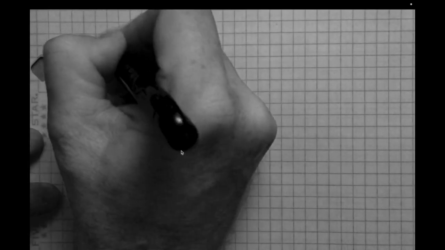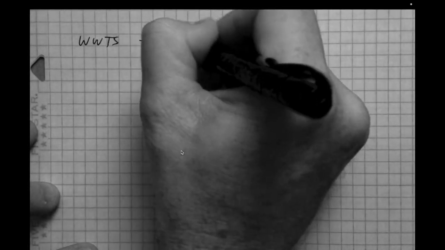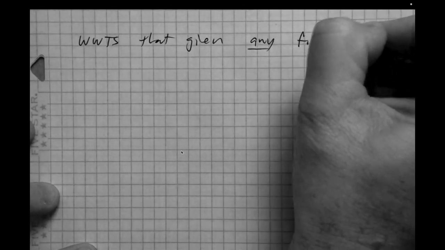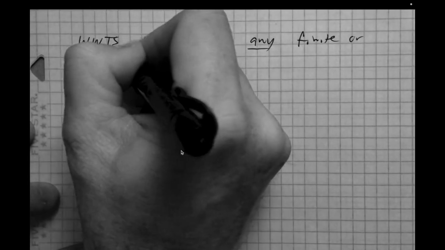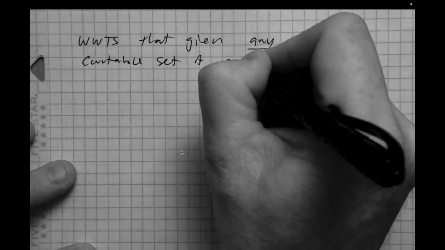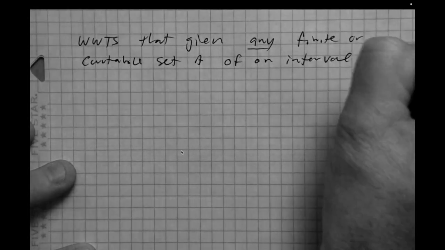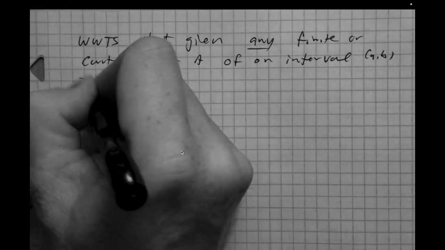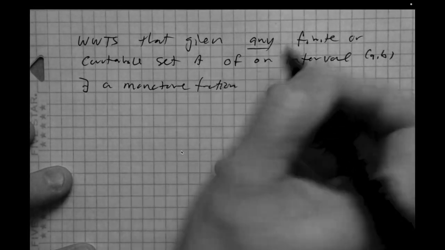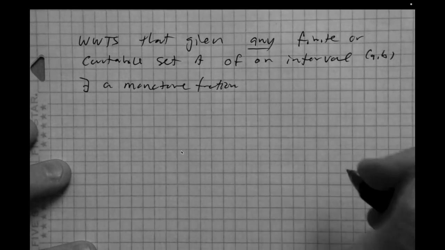Okay, so we wish to show that given any finite or countable set A of an interval AB, there exists a monotone function, monotone increasing function in our case, but we'll just say monotone.